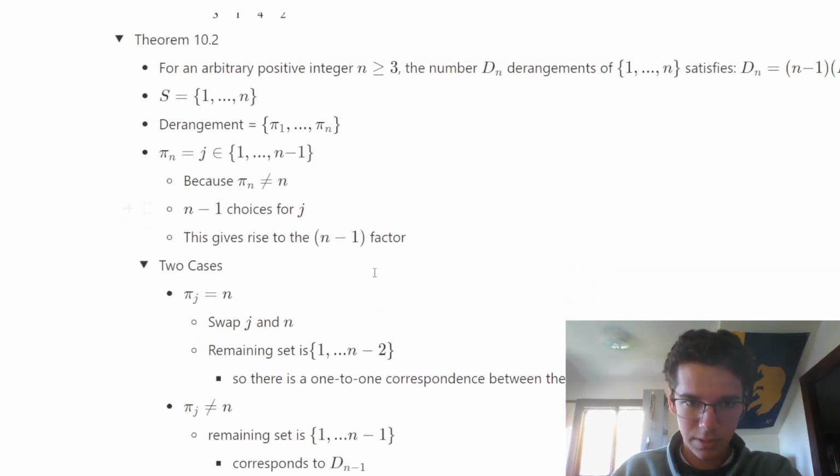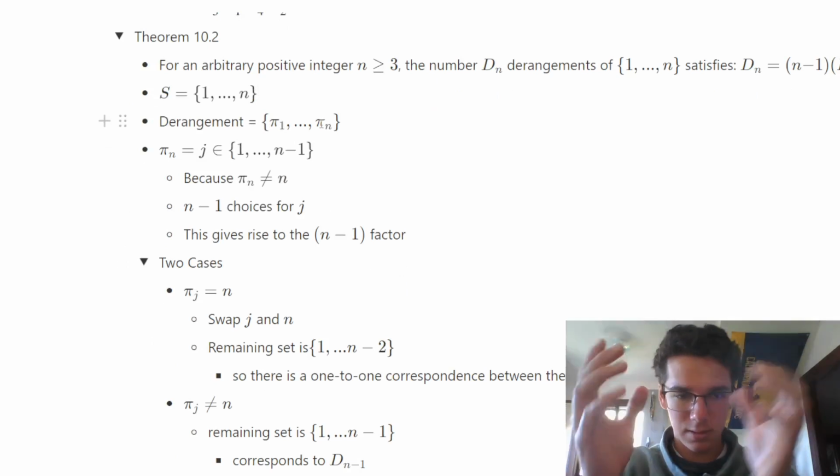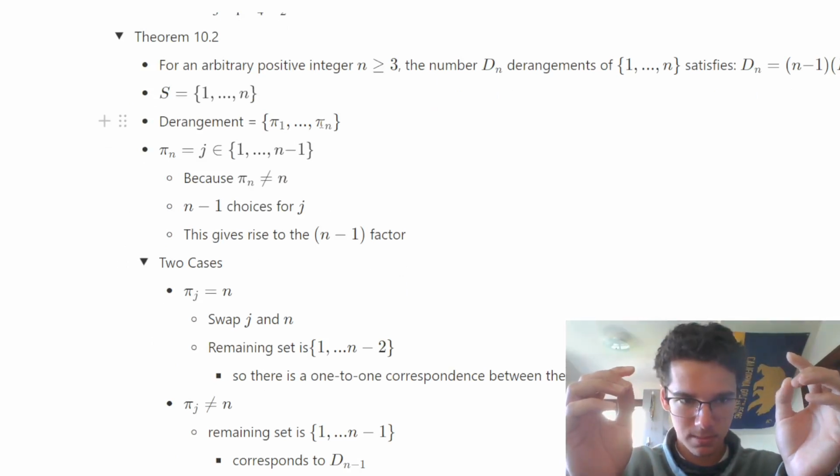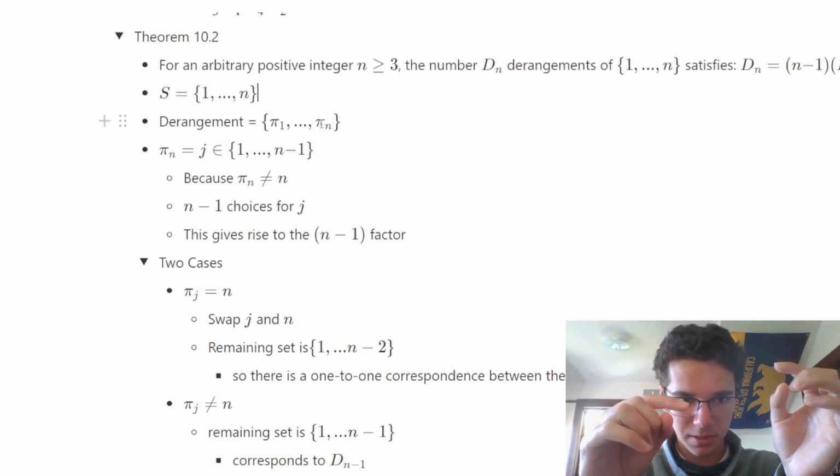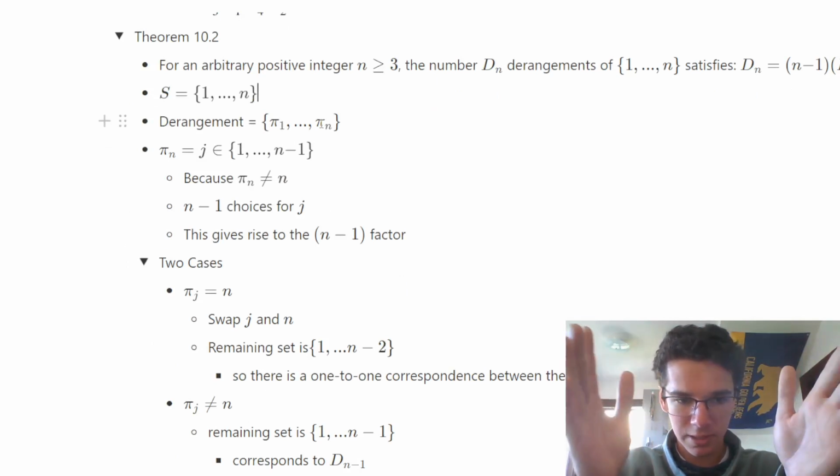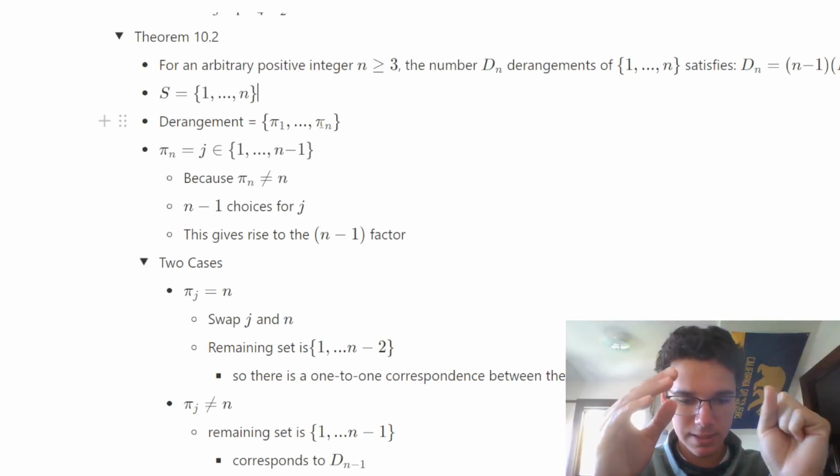But it's also possible that for that jth element that's between 1 and n minus 1, that jth element is not n.